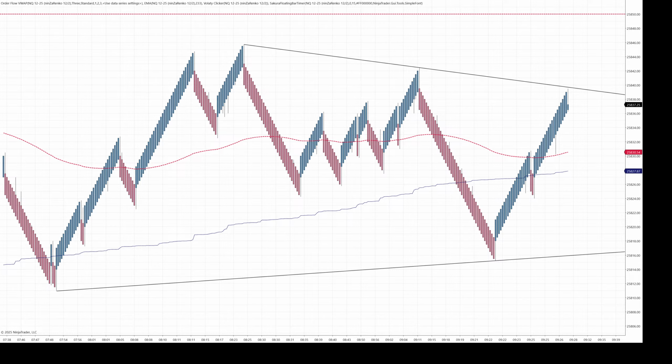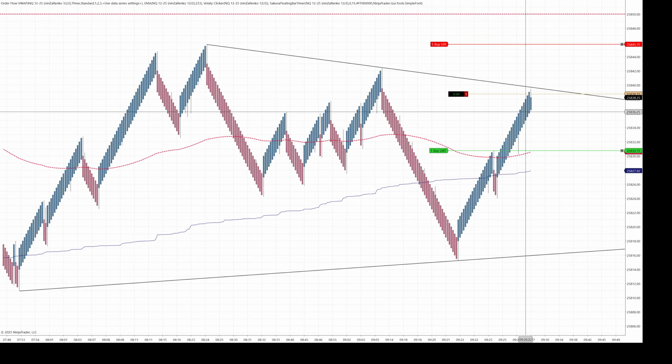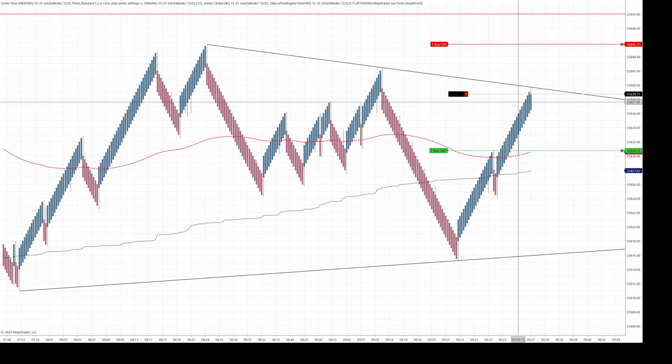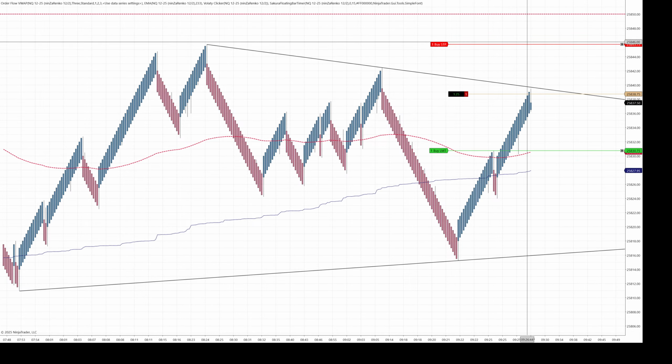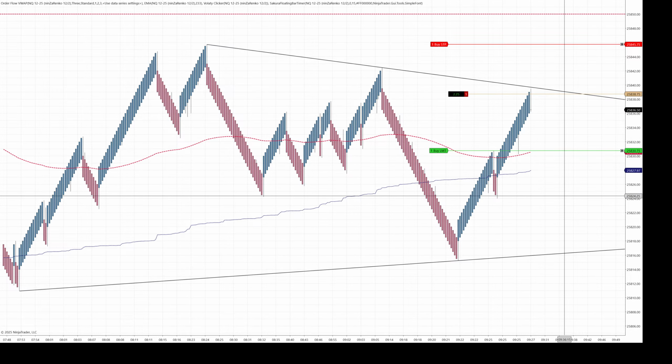I'll just put it on sim real quick. So if I was to sell right here, you'll see that my take profit is down here and my stop loss is up there. This is 7 points and this is 8 points. This is a much more automated strategy than, say, using a normal candlestick.